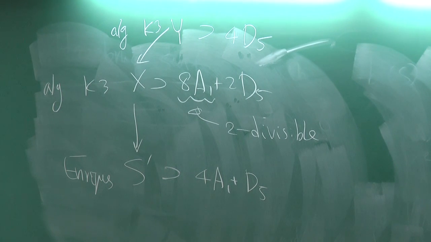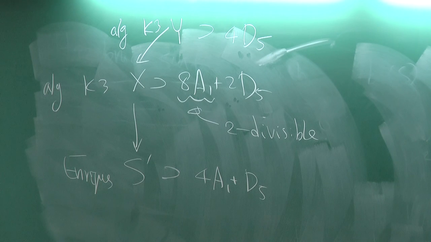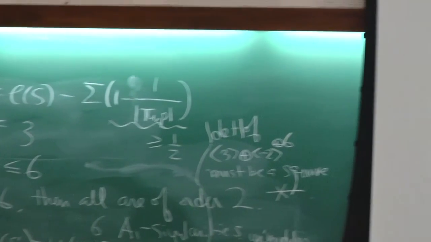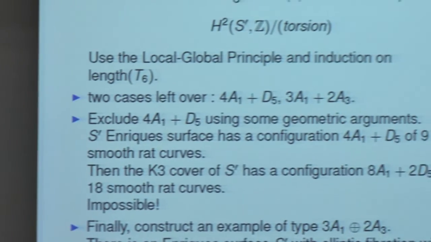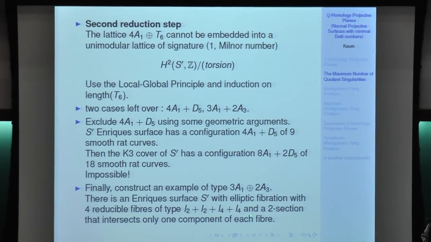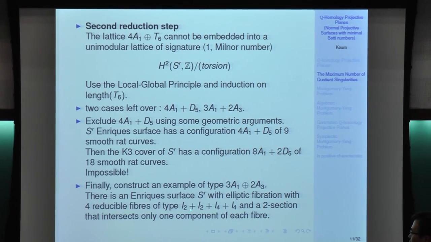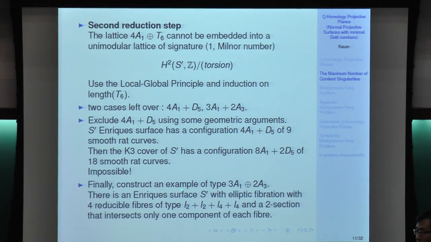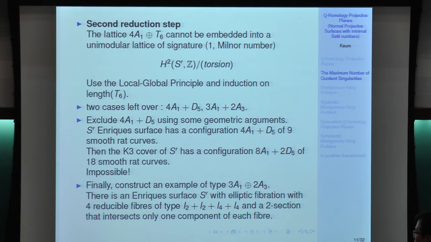And then finally, this last case is supported by an example. Finally, construct an example of this type. There is an Enriques surface with an elliptic fibration with 4 reducible fibers of type I2, I2, I4, I4, according to Kodaira notation. Well, some of these could be multiple. An Enriques surface has two multiple fibers of multiplicity 2, so this could be a multiple fiber. But anyway, there is a 2-section that intersects only one component of each fiber.